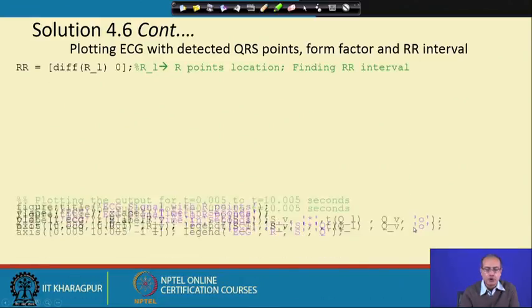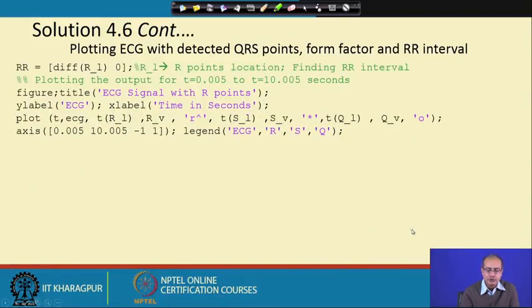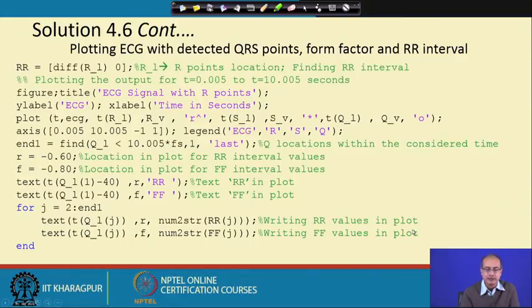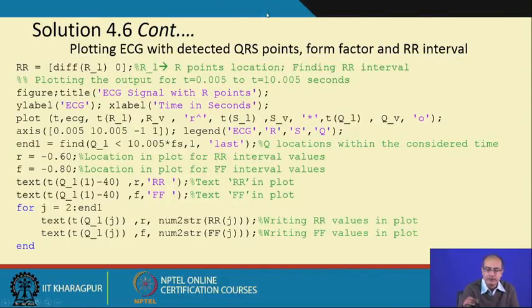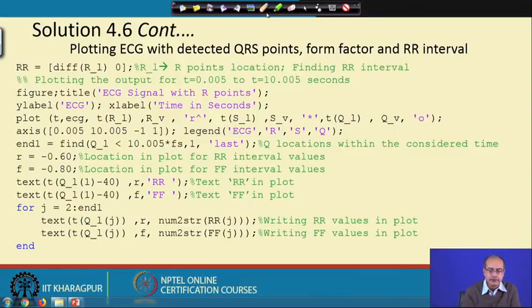Next we have to plot it, and we have to show each of these locations in the ECG signal: where is the location of R, where is the location of S, where is the location of Q, and below that we are writing in the text where the RR and the FF plots are there.